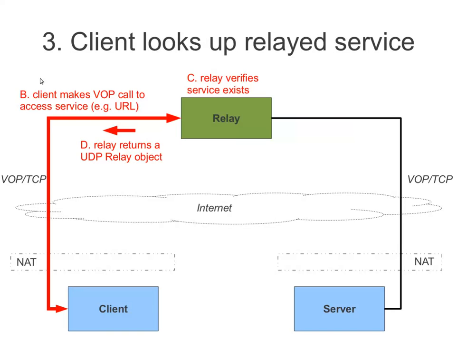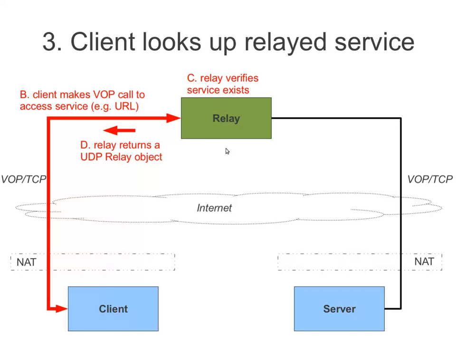When a client wants to connect, it sets up a link to the relay where it requests the particular resource which the service has been registered as, typically as a URL which identifies it as a resource.